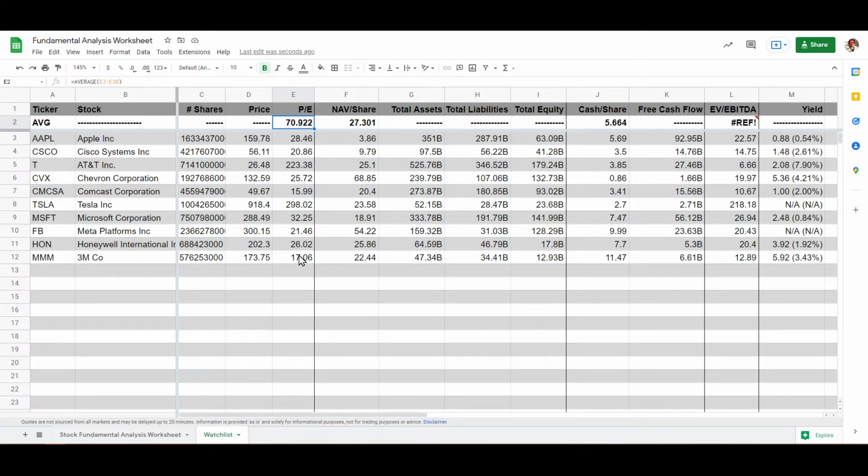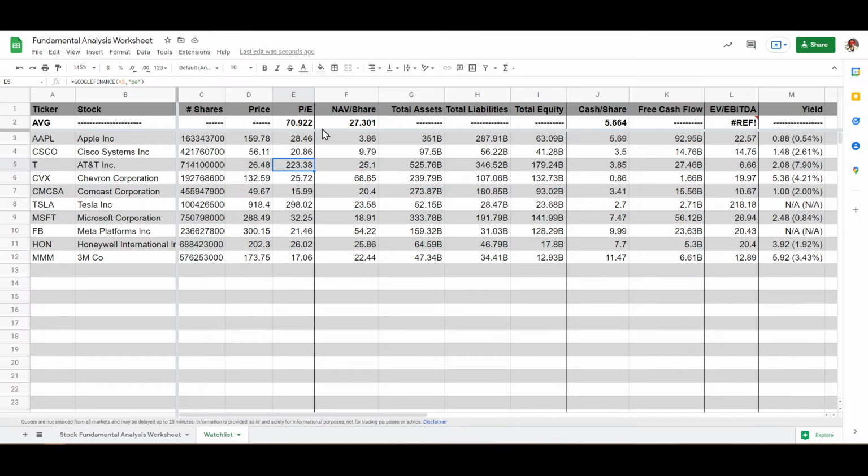So what you can do here is get a little fancy. You can change this formula to average, not accounting for numbers that are over a certain amount. Because what you notice here is you have Tesla, which is trading massively over its earnings, price to earnings wise, and AT&T, which we saw earlier, also doing that, right?